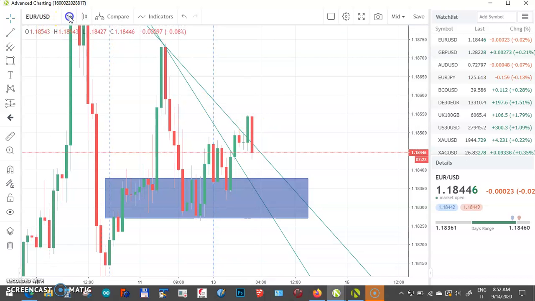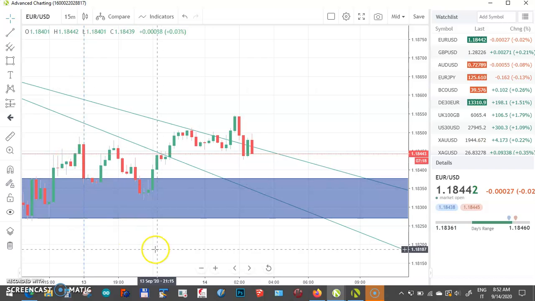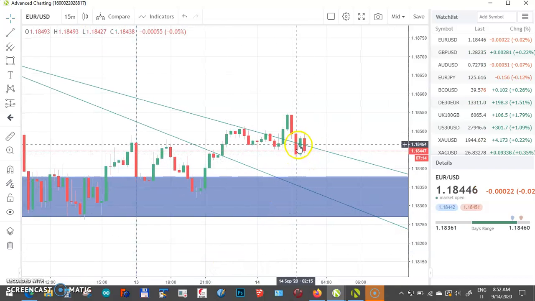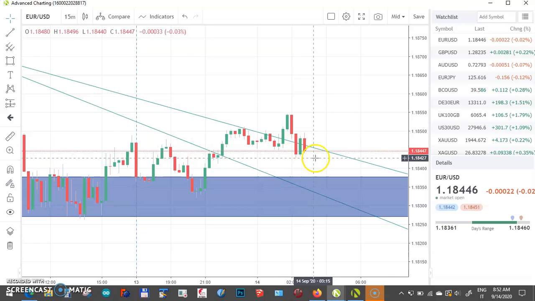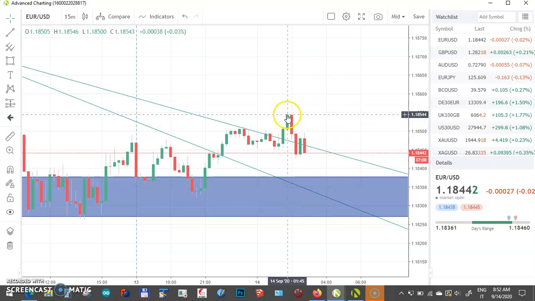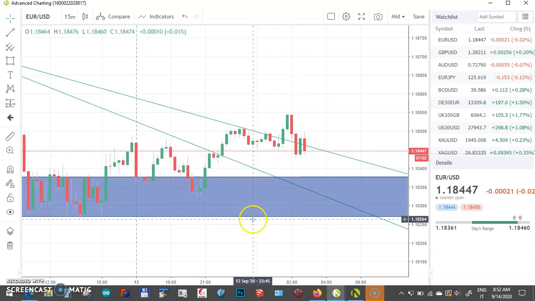But I'm going to see the 15 minutes chart, and we can see the rejection is already in place, but here there was a big sell moment, and now I'm going to see other time frames with MetaTrader 4.